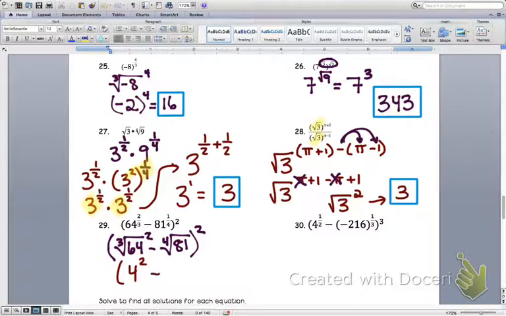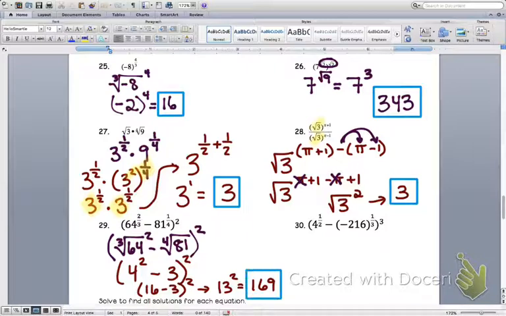And then the 4th root of 81 is just 3. We don't have to worry about another exponent. So really what this question is asking us is 16 minus 3 all to the 2nd power. 16 minus 3 gives us 13, and 13 to the 2nd power is 169. Final answer.